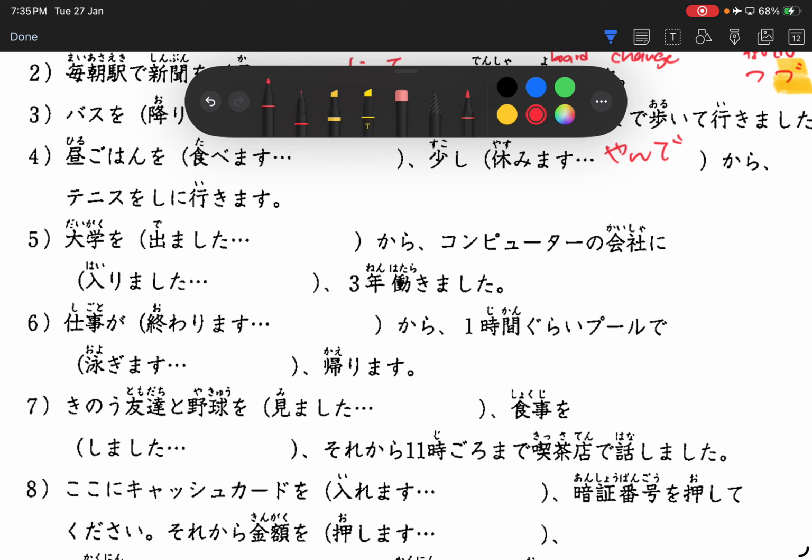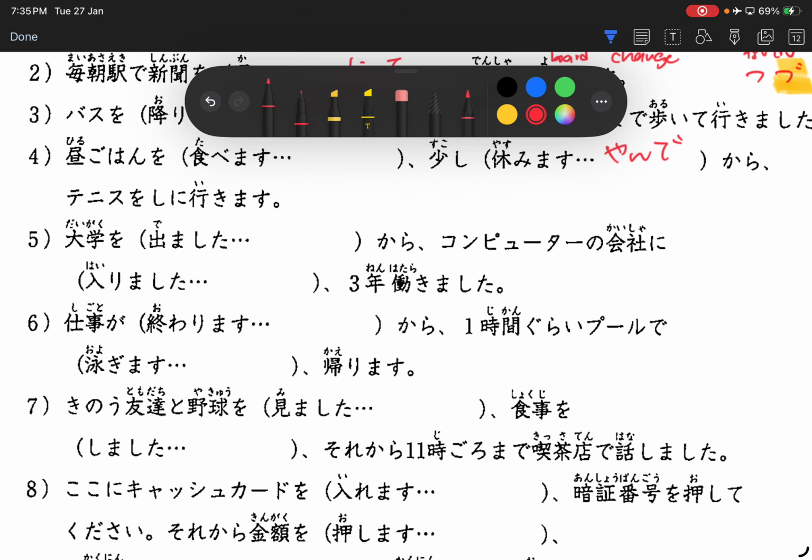大学を出てから. Okay. コピー. Japanese don't drink coffee. コーヒー, no, katakana. Okay, コンピューター.